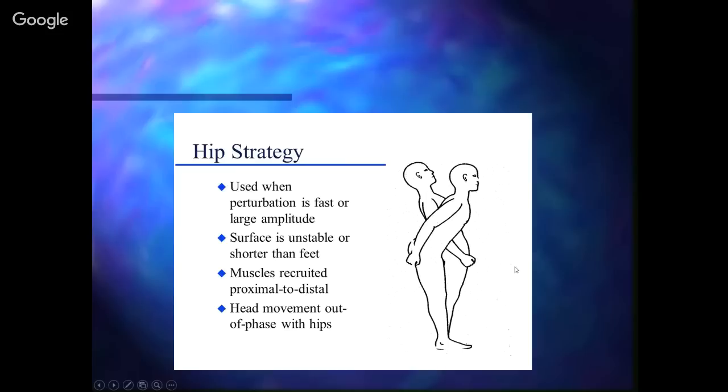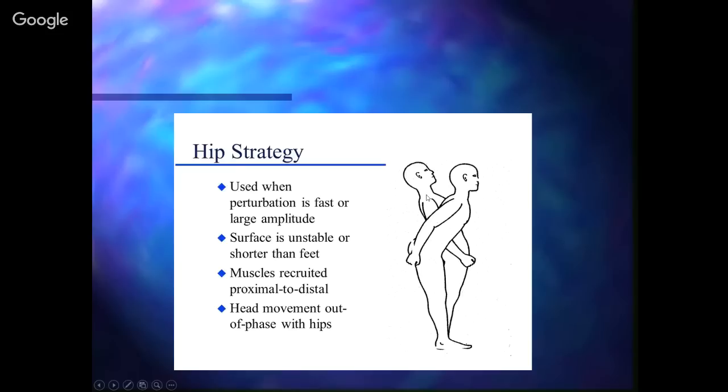So if the perturbation was anterior to posterior, we're attempting to create plantar flexion of the ankle as the external force is applied. Dorsiflexors kick in to stop it, but if it's not enough of an ability to do it, there would be flexion of the trunk to keep the center of mass over the base of support.